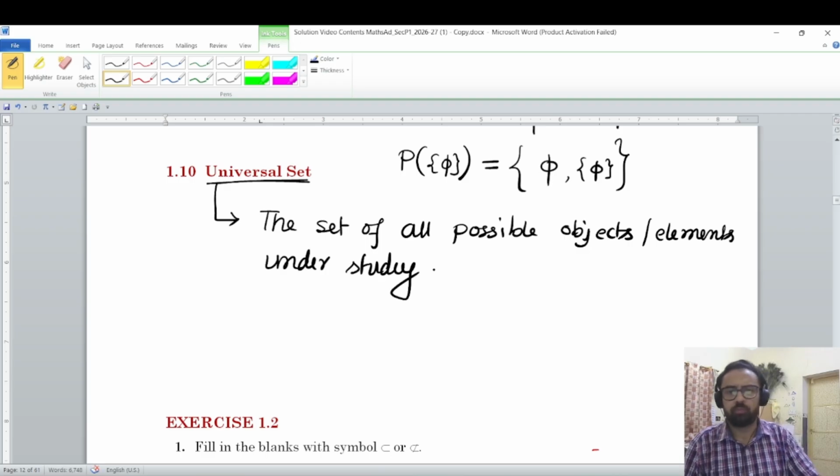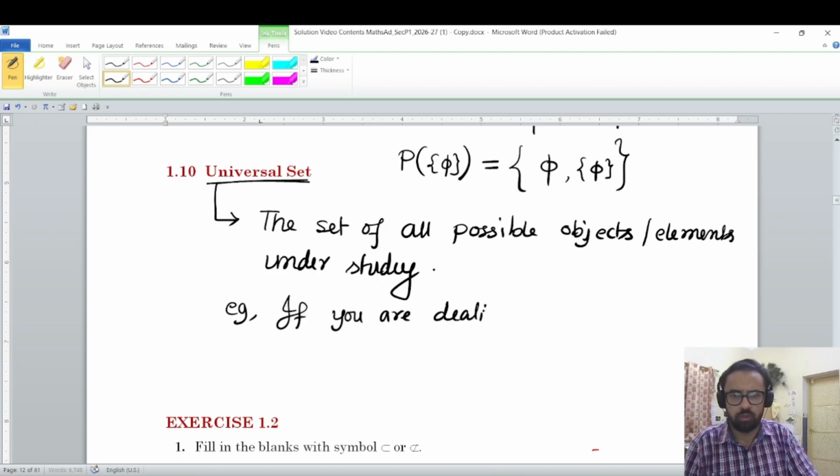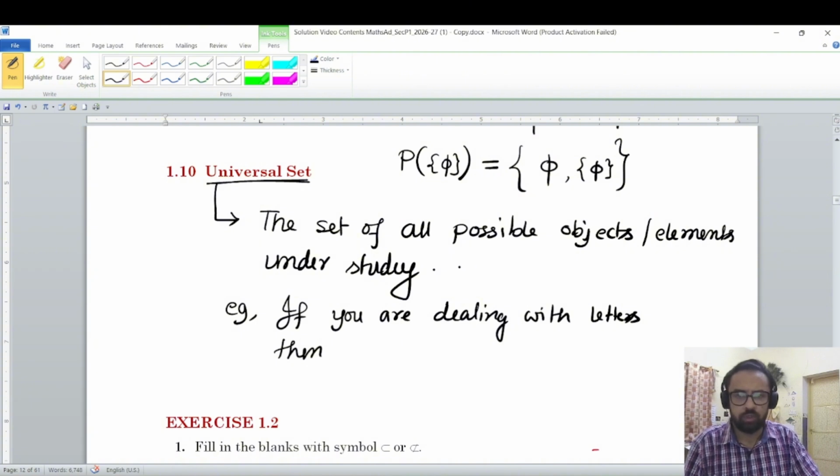For example, if you are dealing with letters, then... Okay, one more point. It is denoted by capital U. Capital U is the notation of the universal set. So if you are dealing with letters, then what will be your universal set?